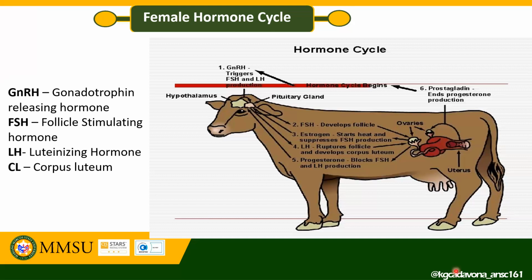Kaya if naglaho si CL, then eventually progesterone production will end also. And pag nawala si progesterone, anong mangyayari? Pag nawala si progesterone, GnRH will be released until such time na mauulit-ulit yung cycle. Okay? So I hope na intindihan nyo ng mabuti itong hormone cycle. Although medyo nakakalito kasi they are connected to each other, pero try to understand pa din para ma-appreciate ninyo itong hormone cycle.